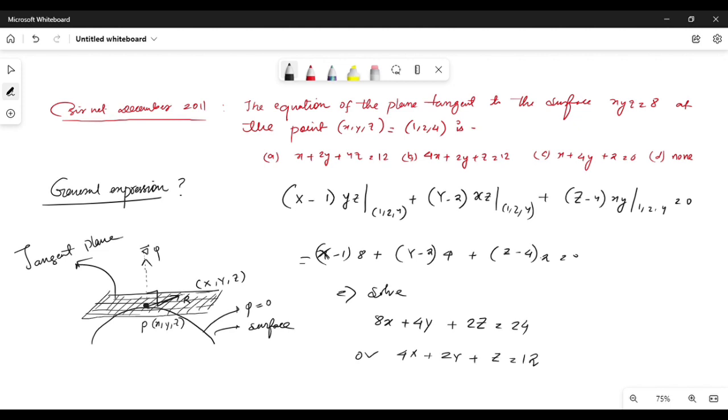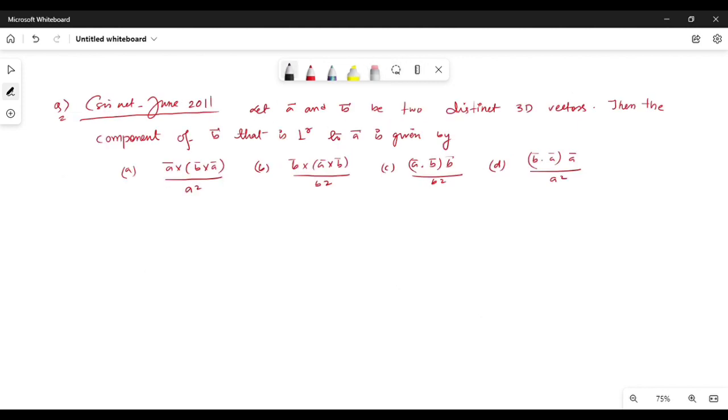So you may see the B option is the correct option. I have discussed the general expression of the tangent plane so that you can solve similar questions, and then I have used the general expression to solve this question. This is a very important, different type of question, so you may use this formula.